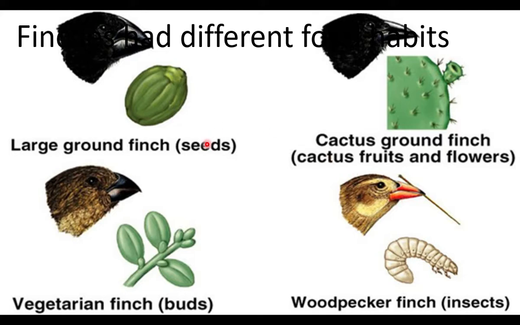All evolved from a common ancestor. So they adapted themselves to different food habits, and they were separated from each other. In course of time they evolved as separate species. This is divergent evolution. This mechanism is called adaptive radiation.